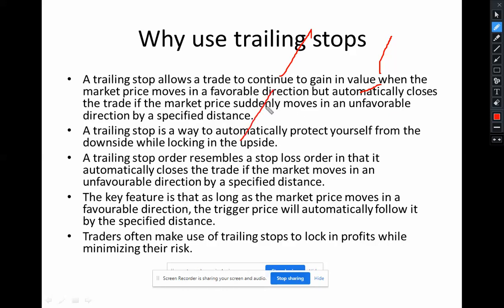But let's say you set your trailing stop loss to be 50 points, then the trailing stop loss cannot move unless the price moves about 50 points. Okay, so that is when you should use the trailing stop loss.